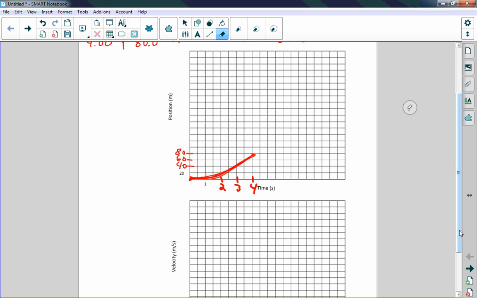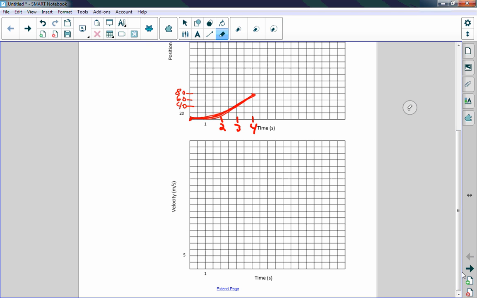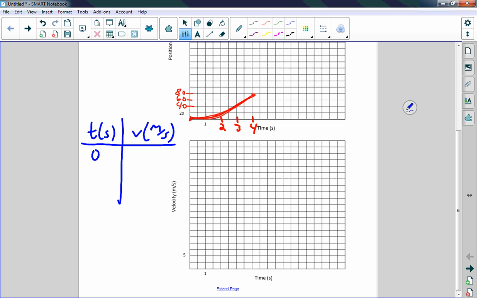When we're plotting velocities, we're going to need to know what velocity it is going at different points in time. So I'm going to need to start with time. So I'm going to have time and velocity now. And I know that it began from rest, so I'm still starting with 0, 0. That's not always the case, but it is this time.